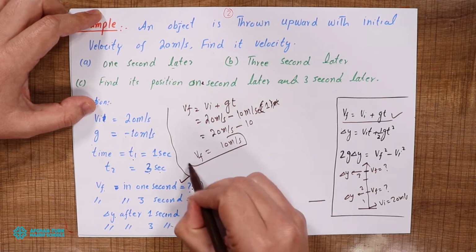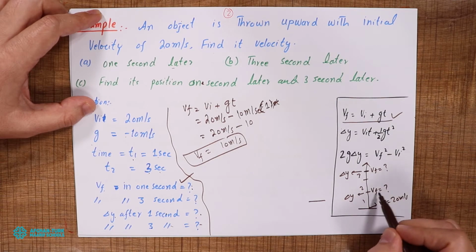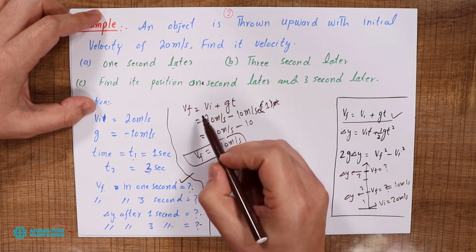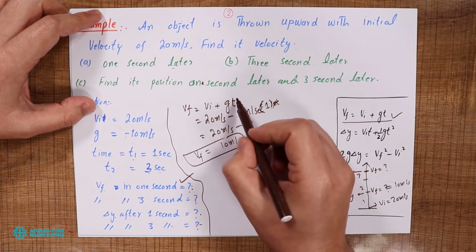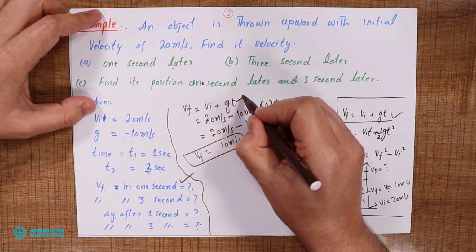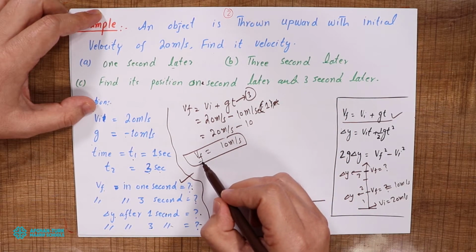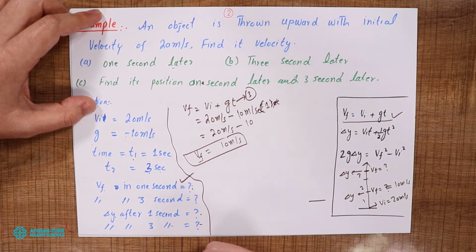So the final velocity after 1 second, at that point, is 10 meter per second. Now you will use the same equation, just put the value of t as 3 and find the vf. So this is your homework.